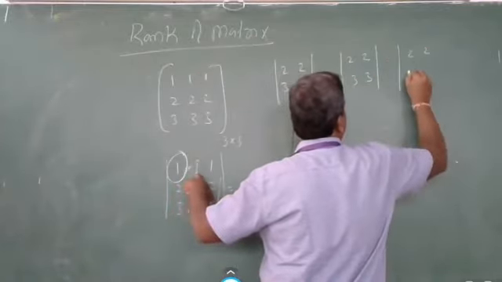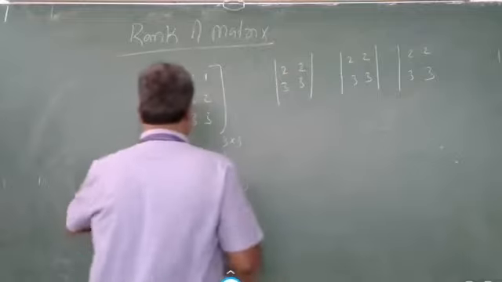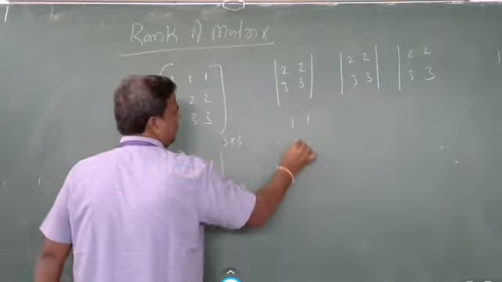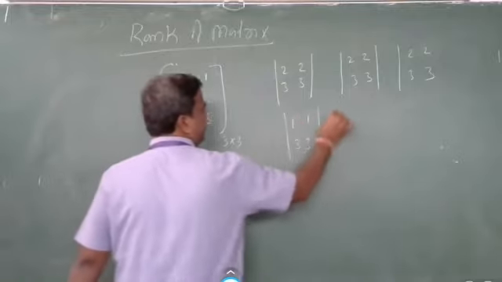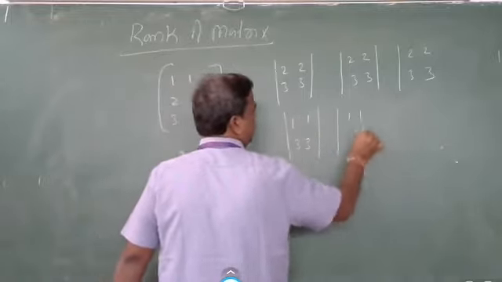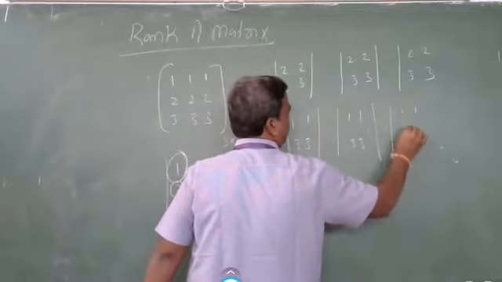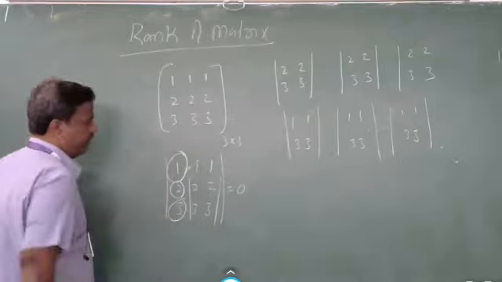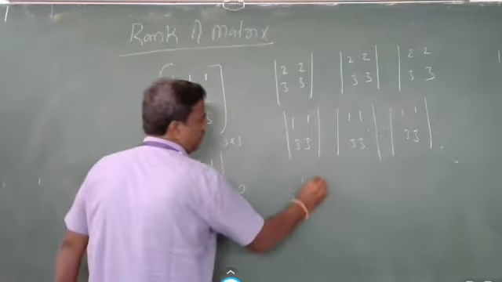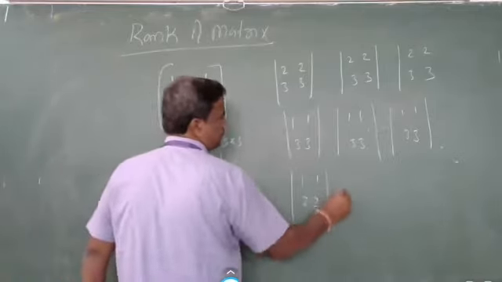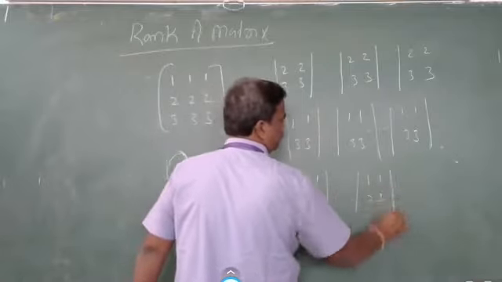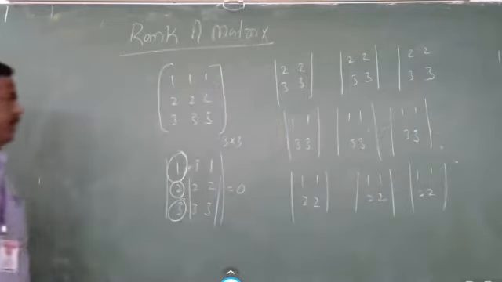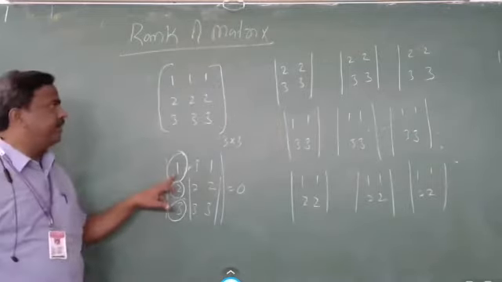Now if you take these elements, 1, 1, 3, 3, again the same. Now take this row, 1, 1, 2, 2. So these are the 9 submatrices for the first element.